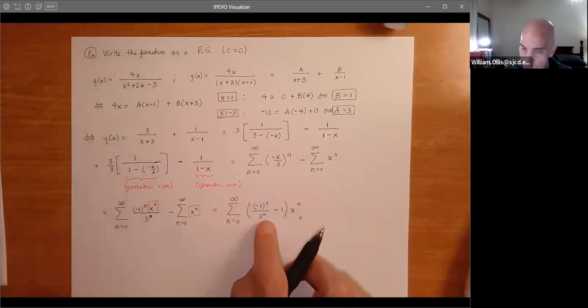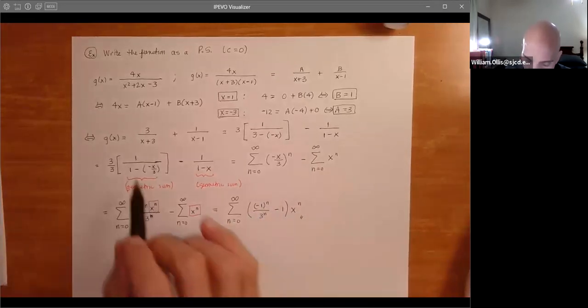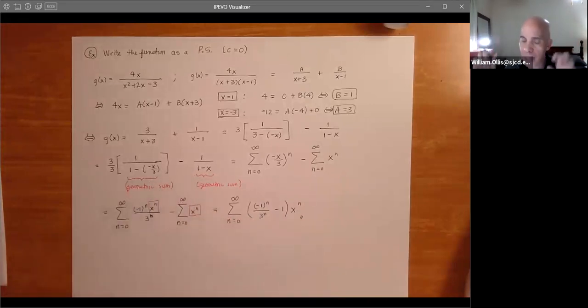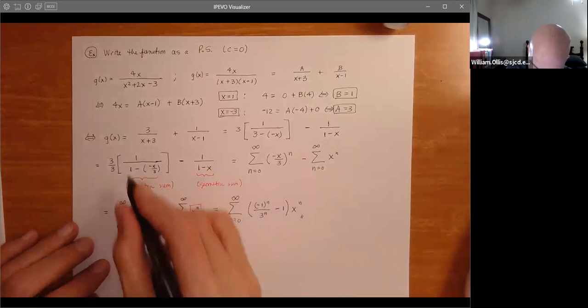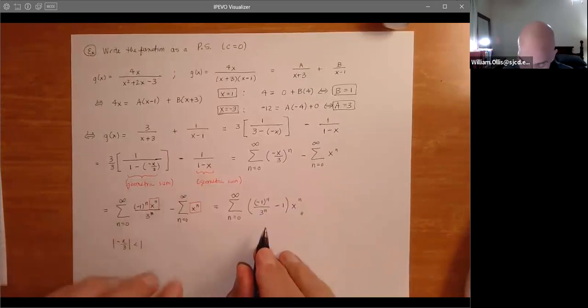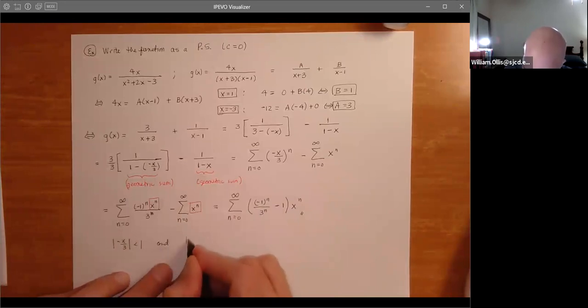So when you look at this, this is a power series for this function. Now we need to go back to what we had up here and check out the new x's. So for the first power series, we have the absolute value of negative x over 3 must be less than 1. And then of course for this one, we just look at the x and absolute value of x must be less than 1.